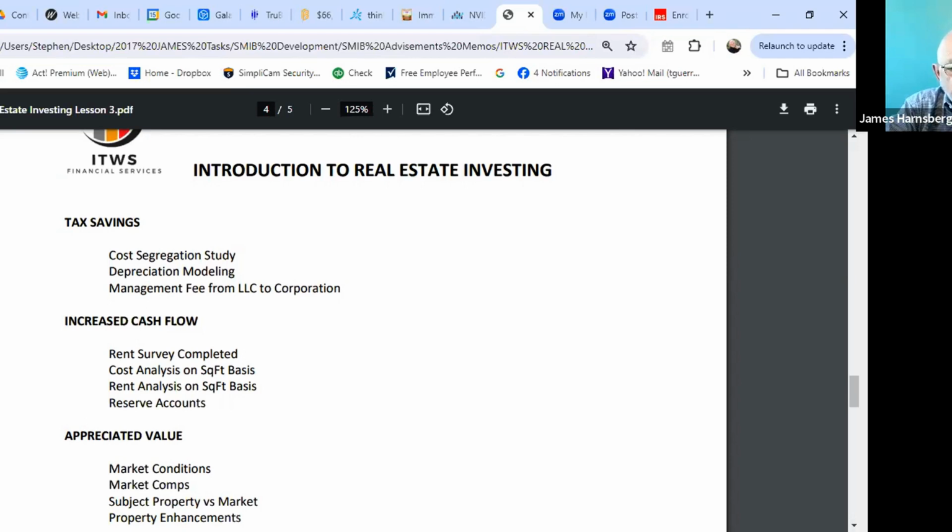In terms of the models that we're looking at, what we're trying to do is figure out what is the sweet spot in terms of the amount of rent or the amount of appreciated value or the amount of cash flow that we're going to get, and how much of the tax savings are we going to be able to generate.